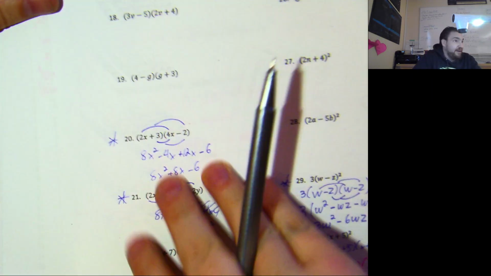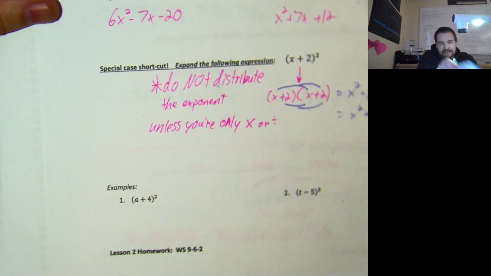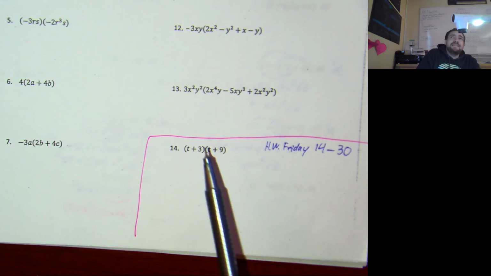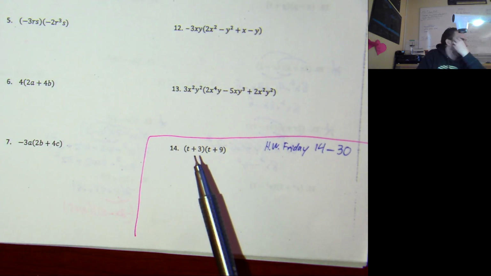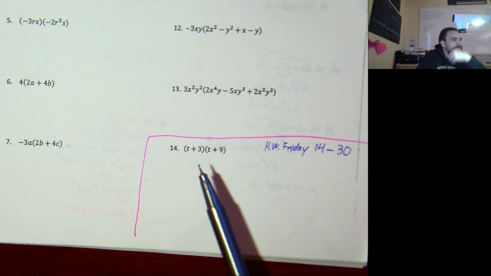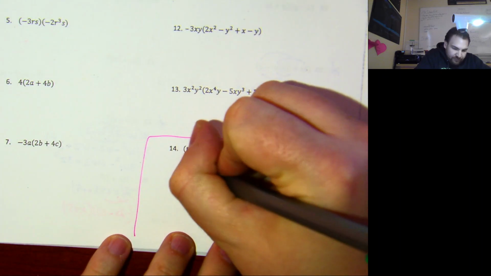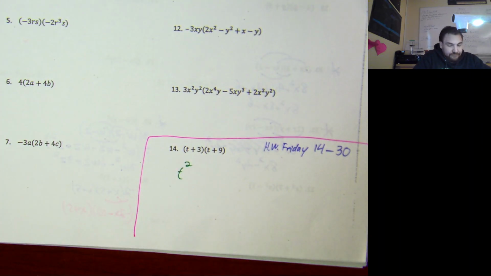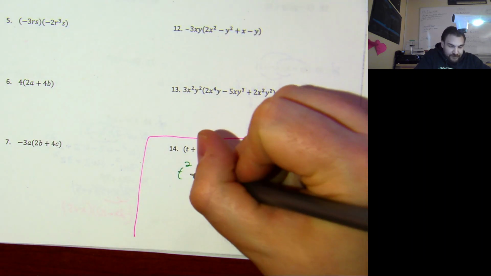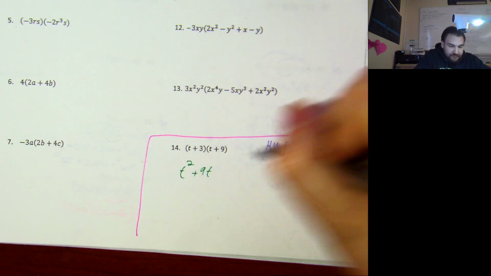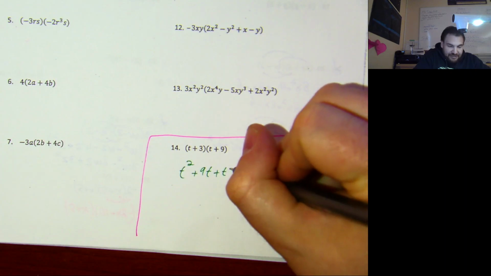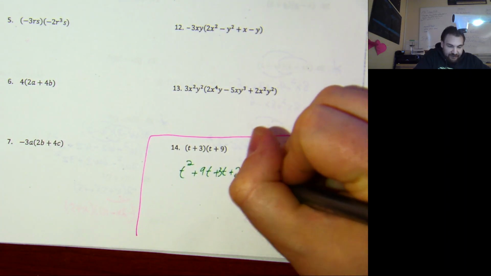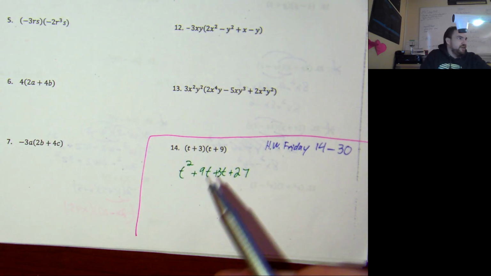Let's go back another page. Let's look at a simpler one. When I multiply this thing together, what was my answer here? Just someone rattle it off for me. T squared plus 9t plus 3t plus 27.